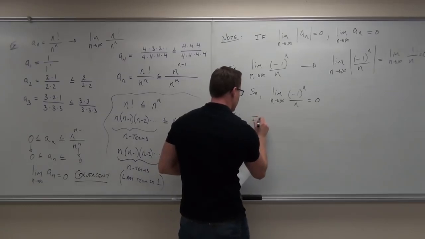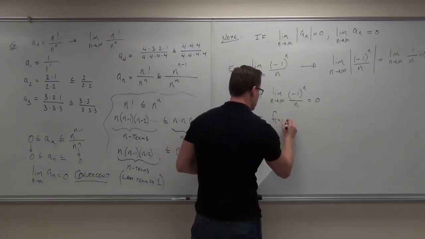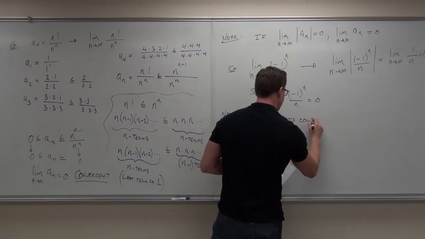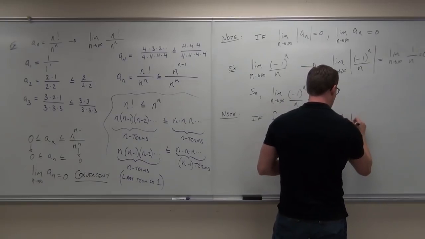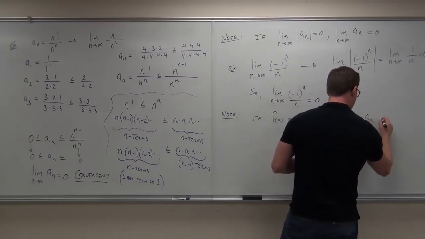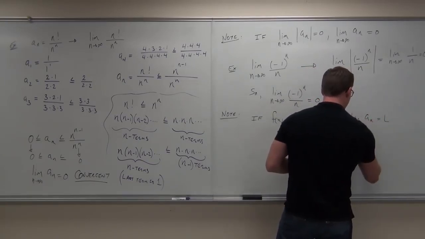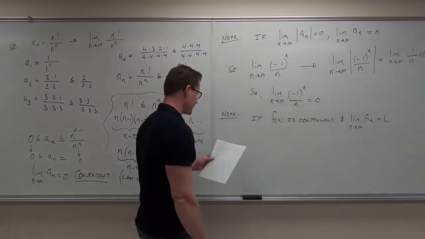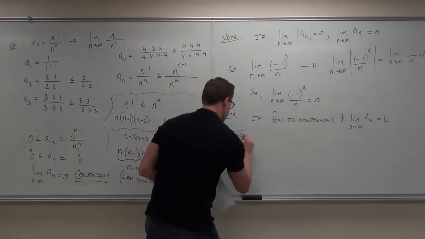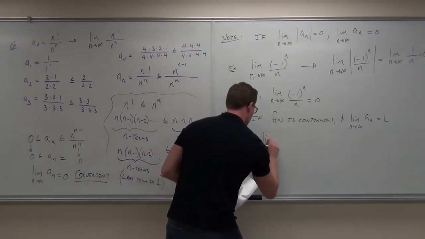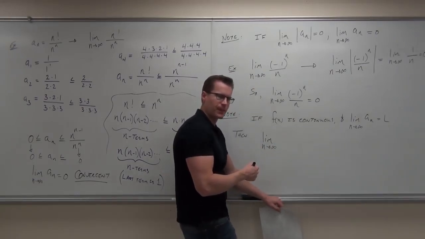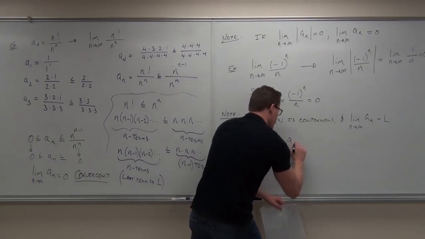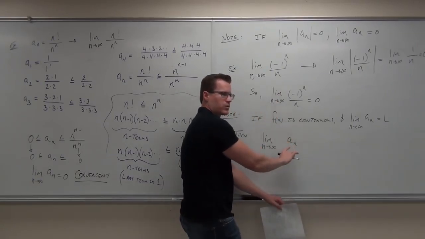It says if you have a continuous function and the limit of a sequence exists as n approaches infinity, then if you have a composition, so basically you have this, okay, you have a sequence, look at the board here real quick please so I can explain this.